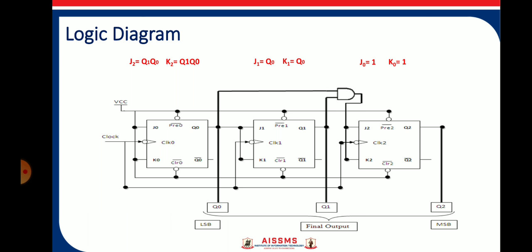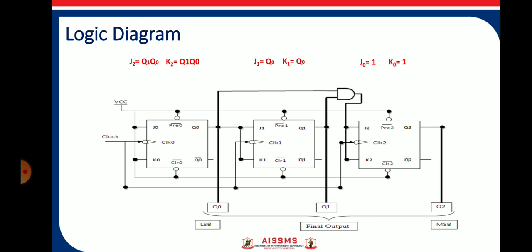This is a synchronous up counter, so all the individual flip-flops are connected to the same clock source as shown here. Next, the J2 input is connected to the output of an AND gate, and the AND gate is connected to Q1 and Q0, that means the outputs of the J1 K1 flip-flop and J0 K0 flip-flop.